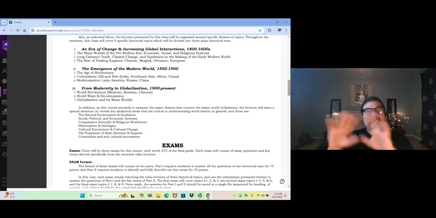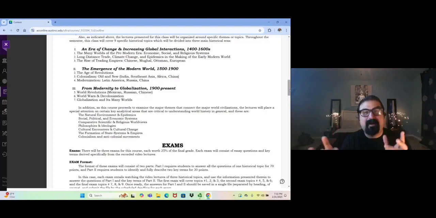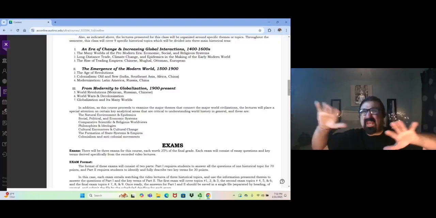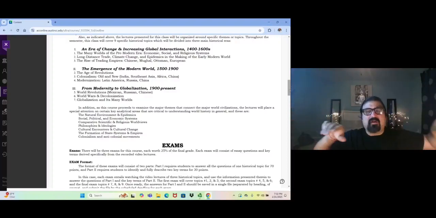Those civilizations are also assessed in terms of how people lived socially, what kind of communities, what was the organization that they followed, and so on. And also their worldviews, their religious worldviews. So you gain a sense of how people before the 1500s actually lived economically, socially, and religiously.